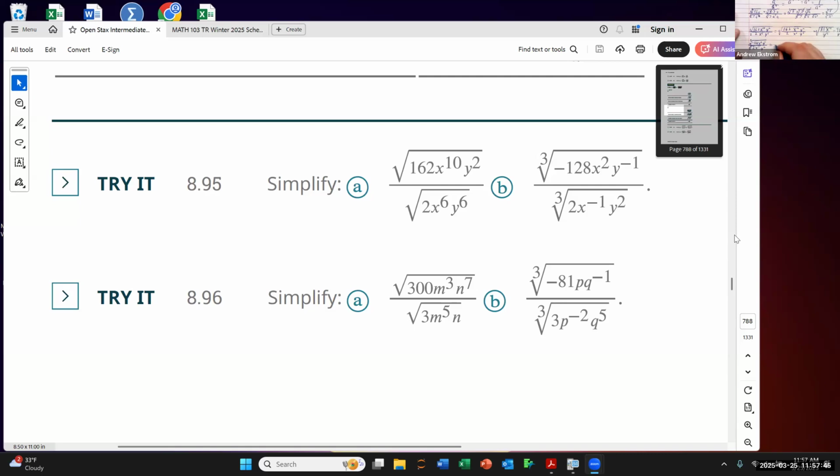So again, make this a cubed root of negative 128 divided by 2. X squared, y to the negative 1 is going to give us a y in the denominator. X to the negative 1 in the denominator is going to give us an x to the 1 in the numerator.